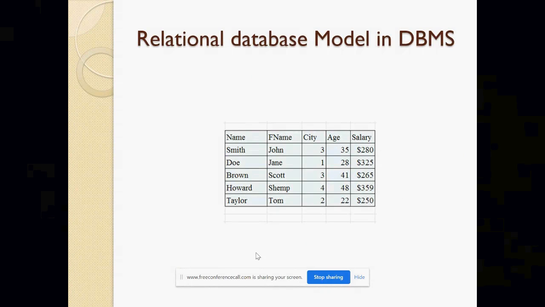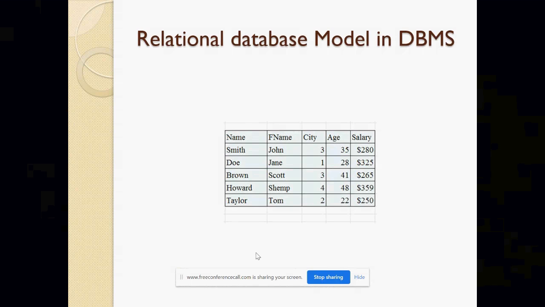So in relational database model, the various pieces of information are presented in the form of tables. And each of the data pieces of information are related to each other, and we can compare. For example, if the names are given in one column, then other names are given in another column, and then city has been given, in which city they live. Then the age has been given, the salary has been given.